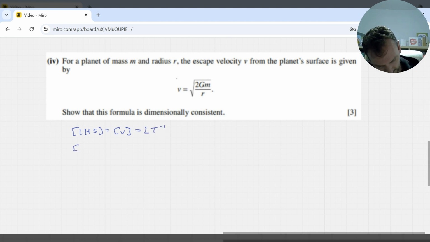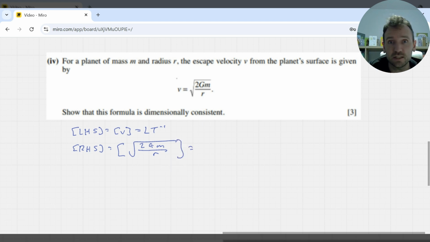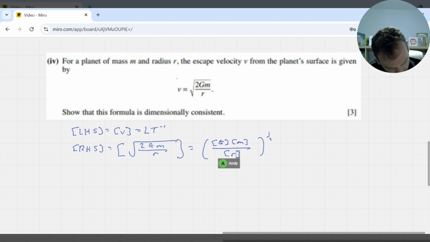And then let's have a look at the dimensions of the right-hand side. We want to look at the dimensions of root 2GM over R. Now, the square root is doing it to the power of half, and we can take that out of our dimensions. The 2 is a dimensionless constant, so that 2 is going to disappear, and we're just going to get dimensions of G, dimensions of M, over dimensions of R. Now, what do we know?